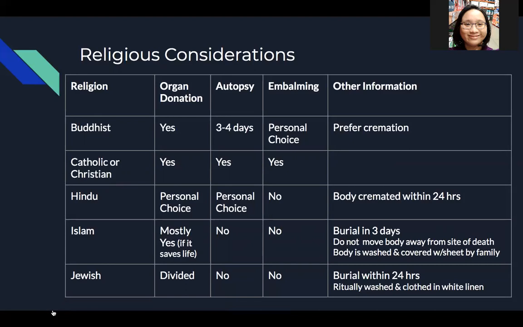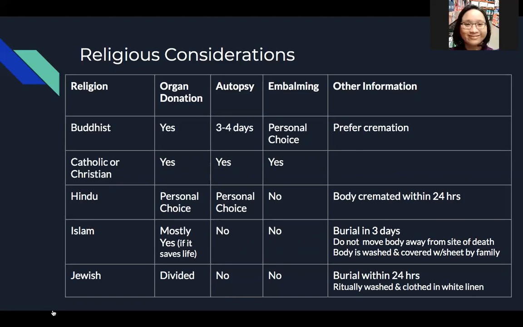In the Islam faith, there is debate on organ donation. Most will say that it's okay to donate their organs if it saves a life, but apart from that, they believe it's a desecration of the body, because they don't like when the body is moved. For them, anytime you move the body from where it died, they believe it's a desecration of the body.